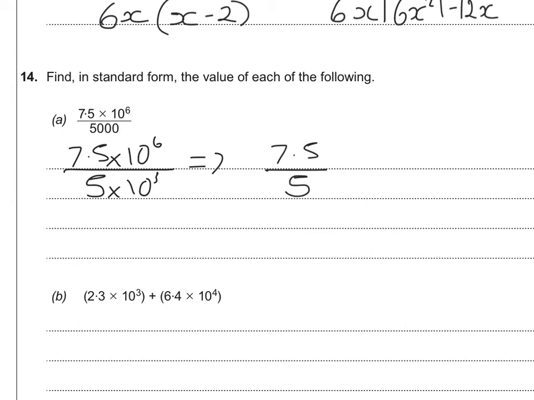We can do 7.5 divided by 5, and 10 to the power of 6 divided by 10 to the power of 3. Now we can work the second part out here, 10 to the power of 6 divided by 10 to the power of 3, using our rules of indices. We have the same base number, the number 10, and we are dividing. Therefore, we can subtract the powers. So this is going to be 10 to the power of 3.